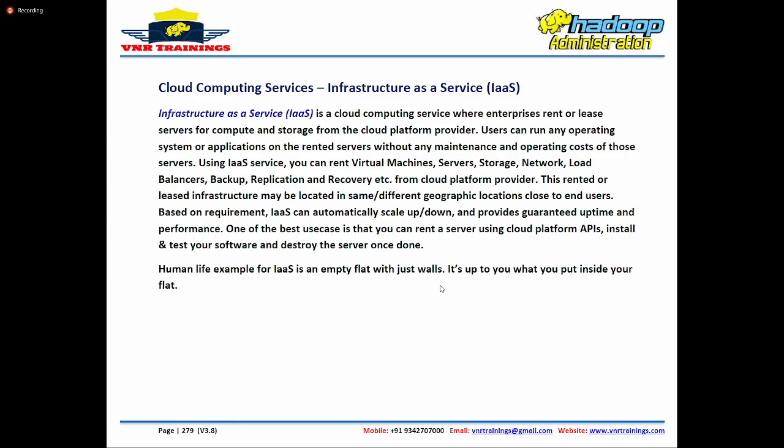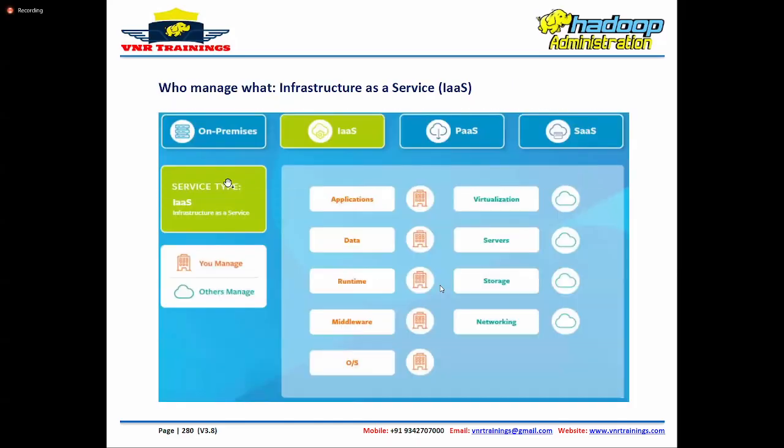Inside that, what TV you want, what AC you want, what sofa set you want, what bed or cot you want, everything is up to you. They just give you the apartment. Understand? That is the IaaS model. Any questions on the IaaS model?